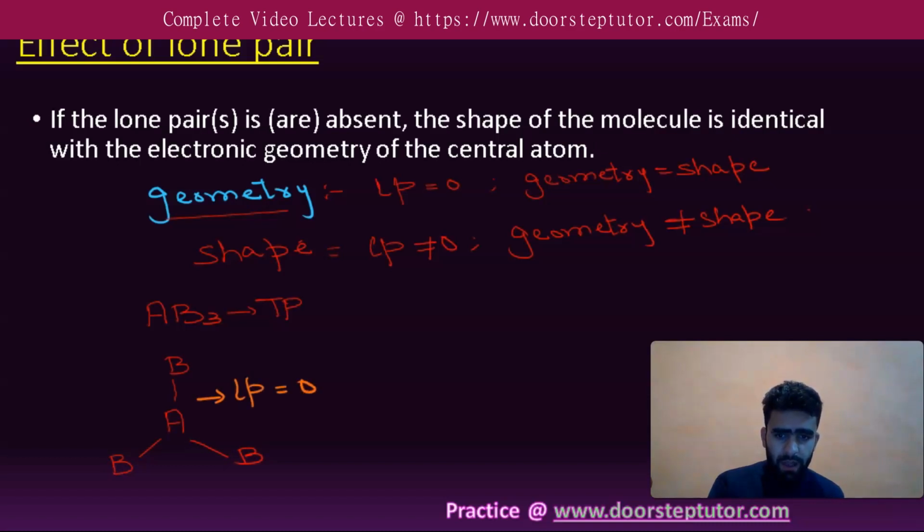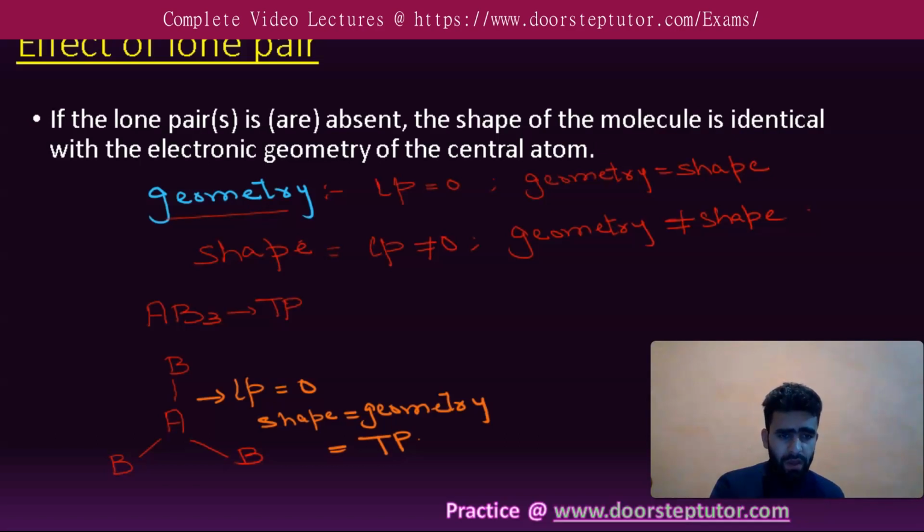It means that for this molecule, shape will be equal to geometry, and it will be trigonal planar. So why? Because for this molecule, lone pair is 0, so geometry will be equal to shape.